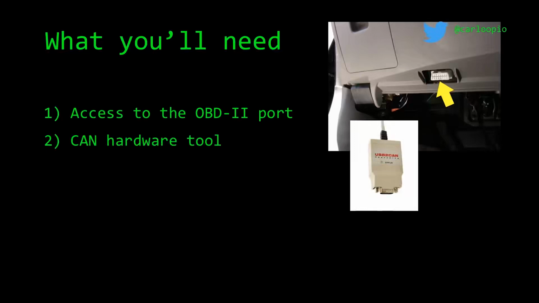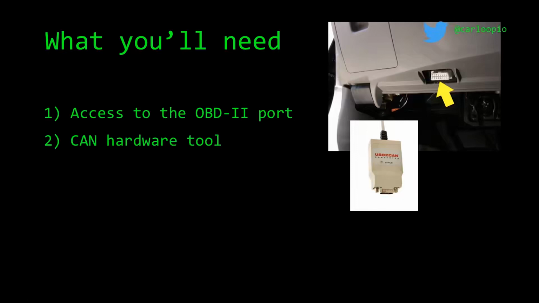So you'll need a CAN hardware tool. This comes in many shapes. You can find one that goes from the OBD2 port to an RS-232 connector. Really, what you're looking for is a microcontroller that has a CAN controller on it and a CAN transceiver.